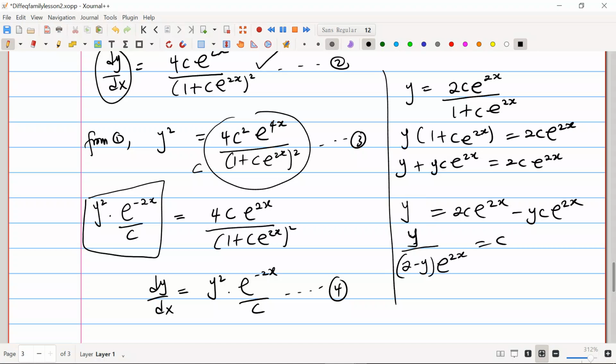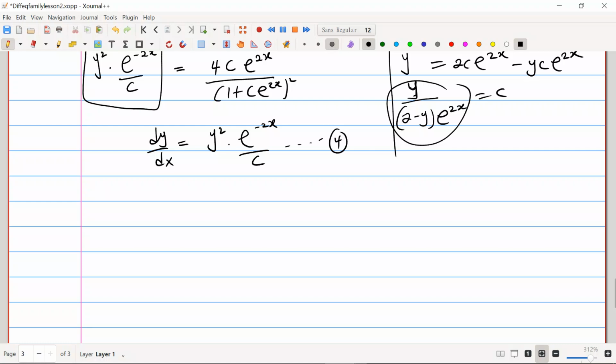So what I'm going to do is in equation 4, I'm going to replace c by that. I'm going to put c equals this whole expression, y over 2 minus y e to the 2x. Okay, and that is the last final part of this.